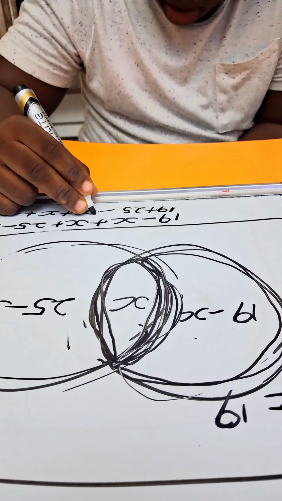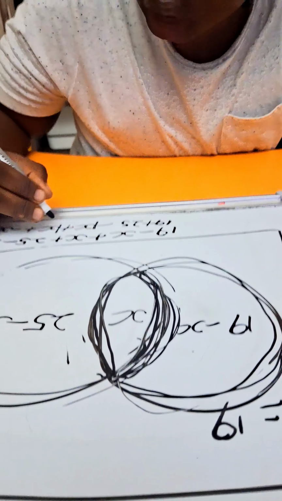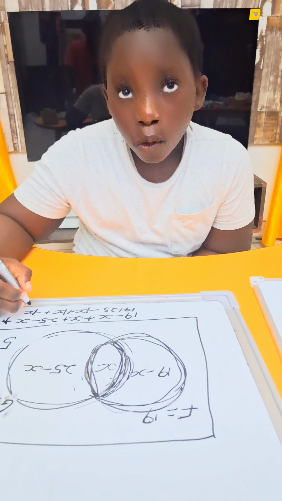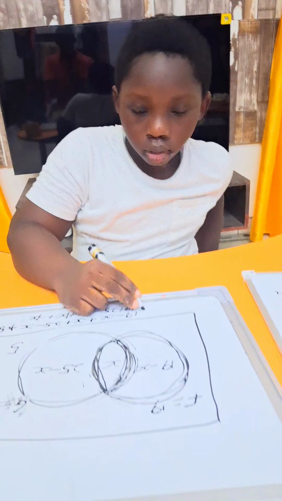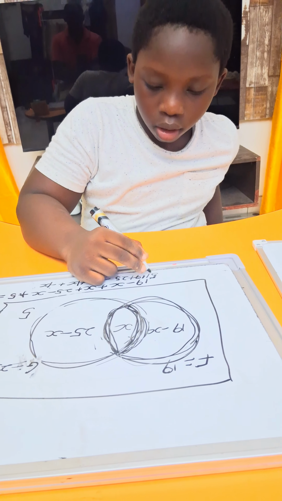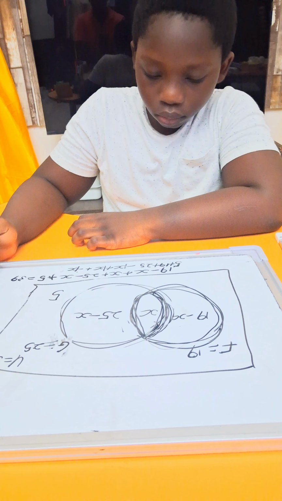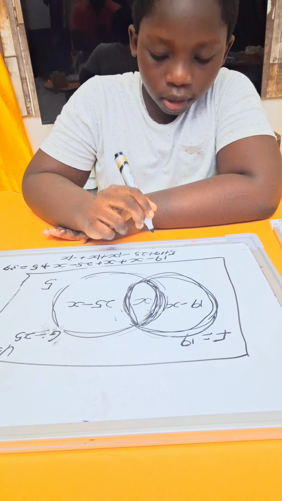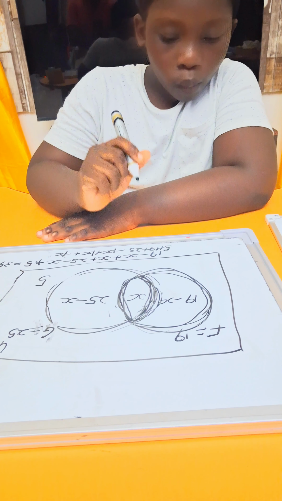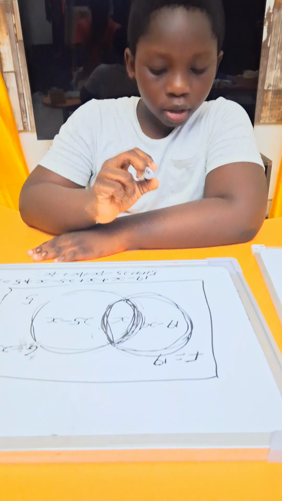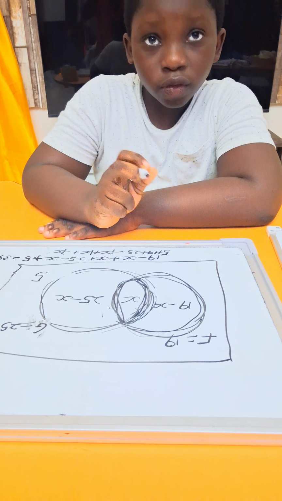There is an invisible 1 in all of these. And the 5. Now, 25 plus 19 plus 5. 25 plus 19 is 44.